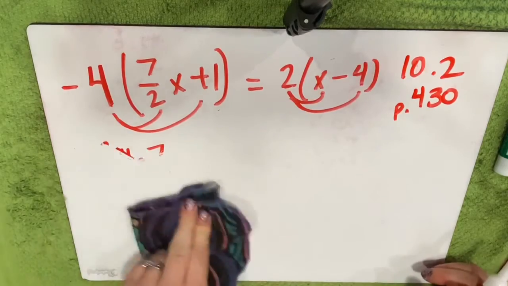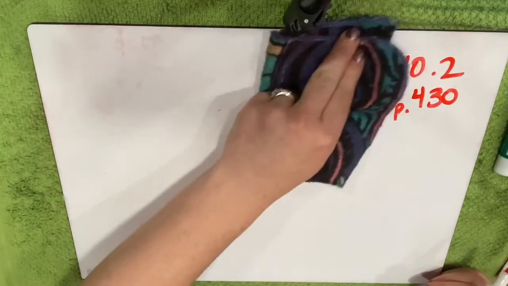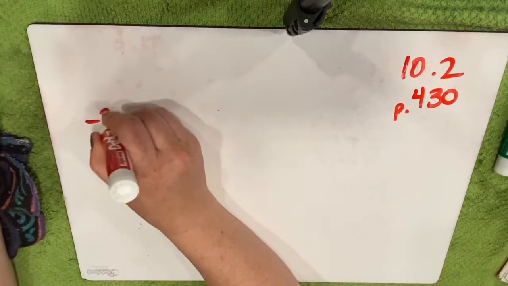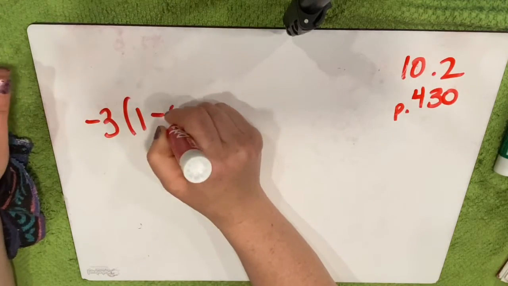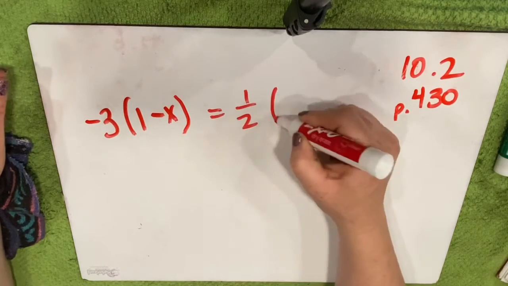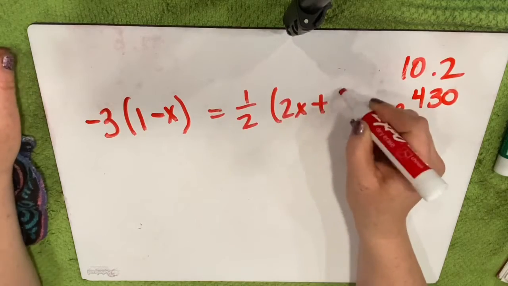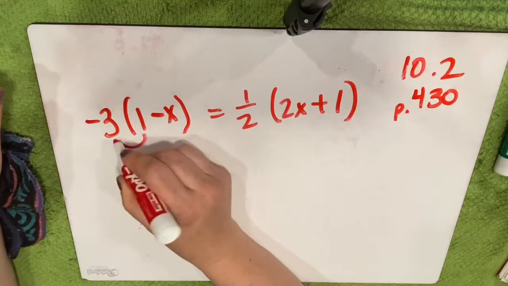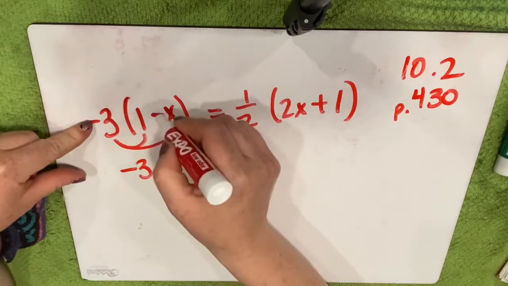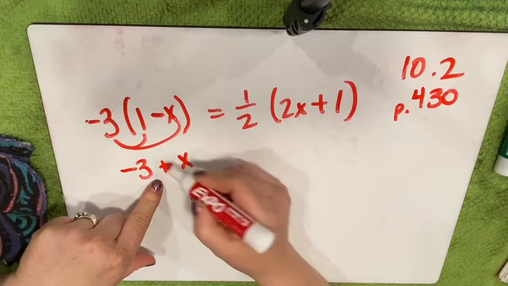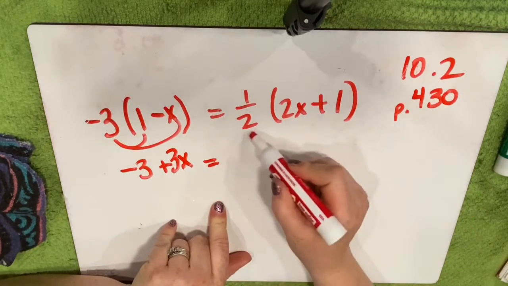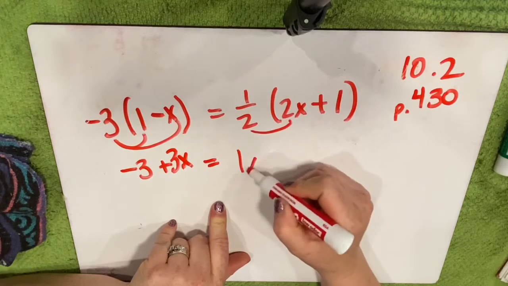You're probably like, what? Rewind. Okay, let's do another one. That was hard, lots of steps in that one. Okay, so I'm going to do -3 times (1 minus x) equals 1/2 times (2x plus 1). So you distribute both sides. So that'll be -3 plus, because negative times negative is a positive, 3x equals, what's half of 2? 1x.